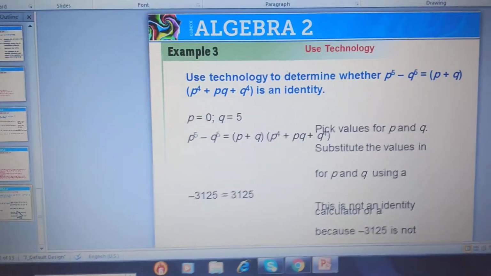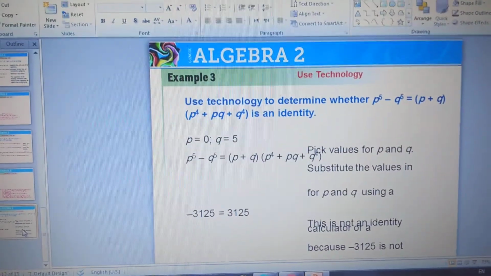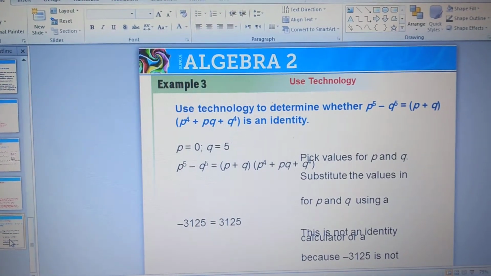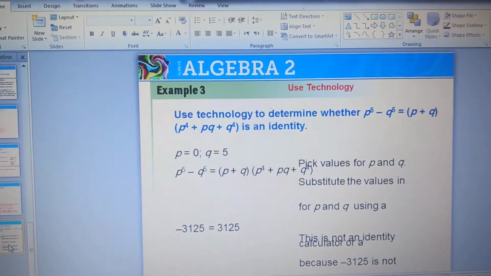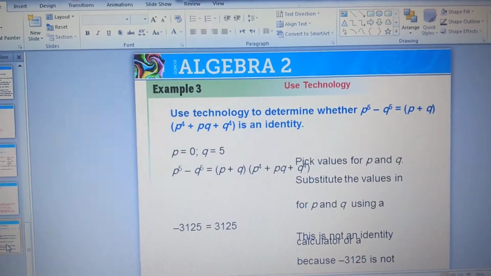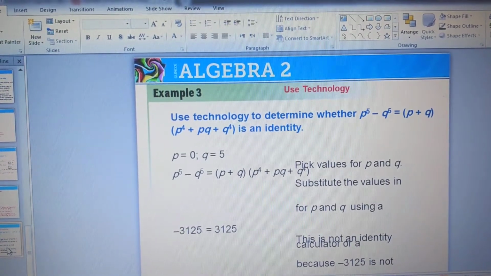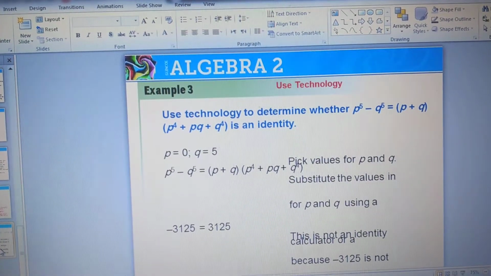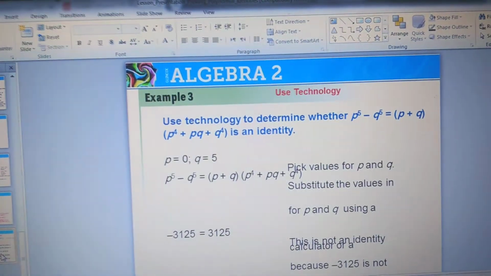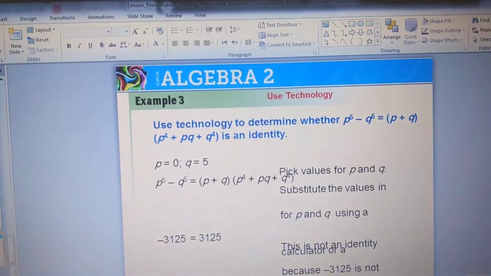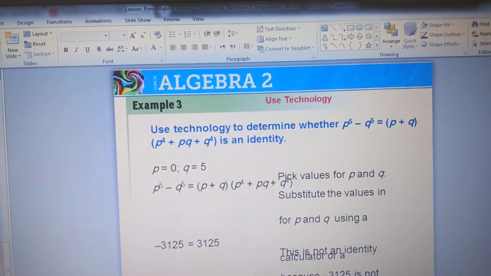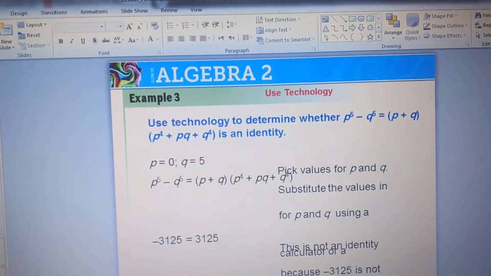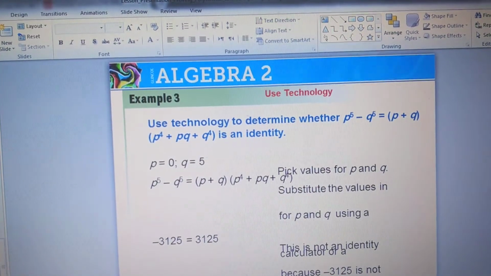This example is the same, but here use technology to determine whether p to the power 5 minus q to the power 5 equals (p plus q) times (p to the power 4 plus pq plus q to the power 4) is an identity. Of course, here I make p equal 0, q equal 5. He wants me to pick values for p and q and substitute the values for p and q.